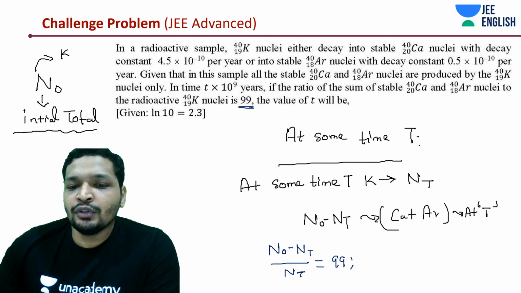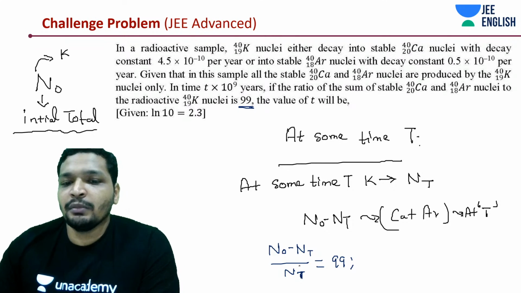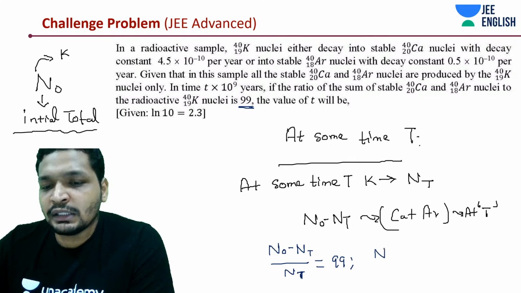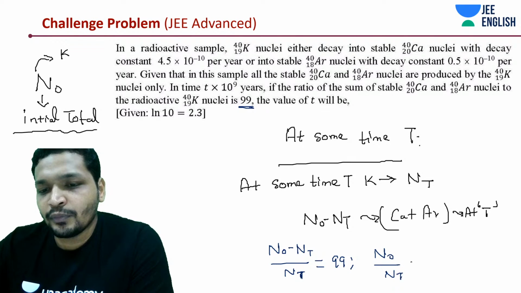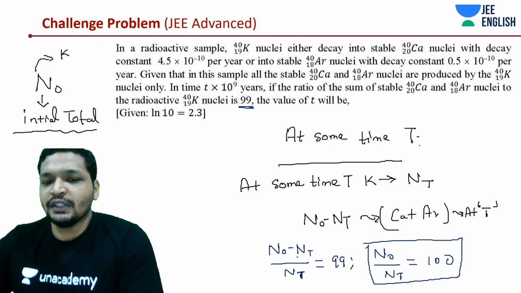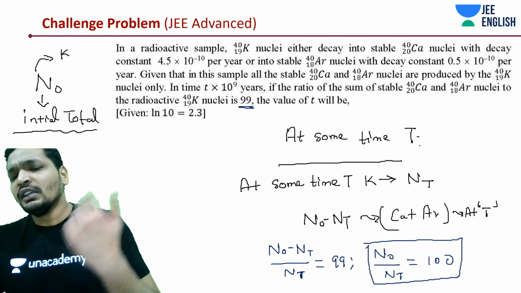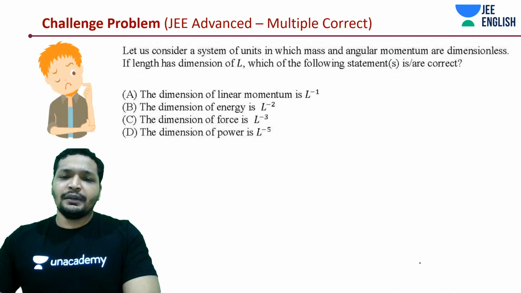Then what to do now? We take this thing out separately, it's going to be minus 1. So N0 divided by NT minus 1 is equal to 99, so N0 by NT is 100.